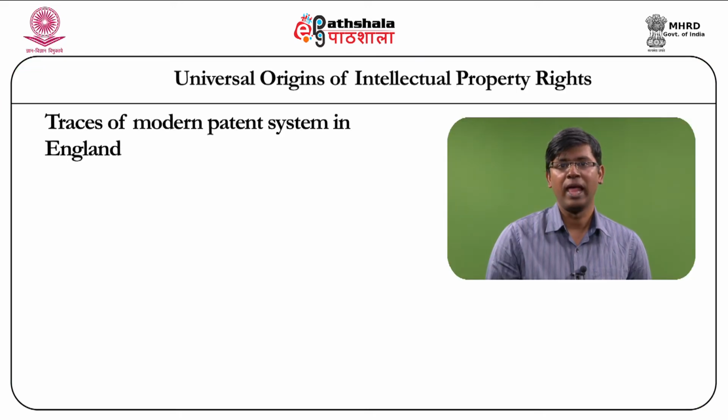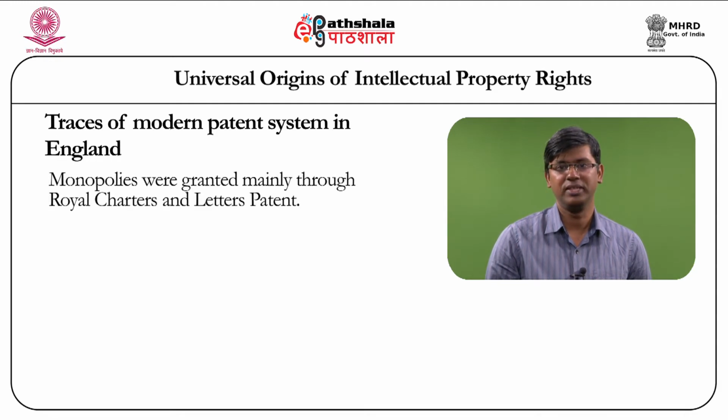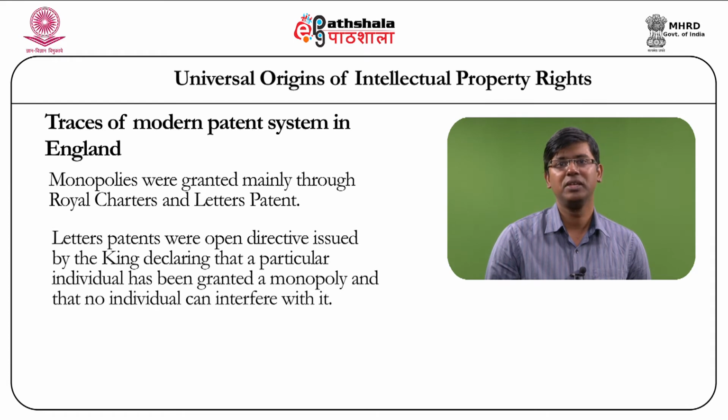The other kind of development that happened alongside developments in Italy was the developments in England. Now, in England, there was a practice of granting royal charters and letters patent. These letters patent were open directives given by the kings declaring that a particular person has been authorized to have a monopoly over a particular product, and no individual in the society can interfere with such monopoly.